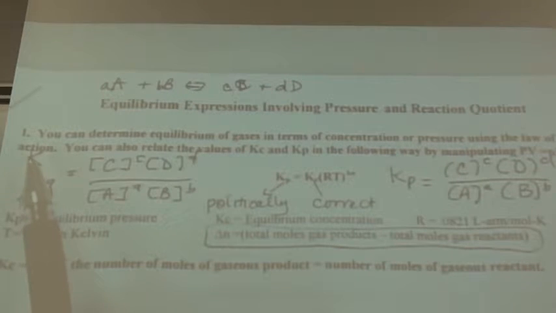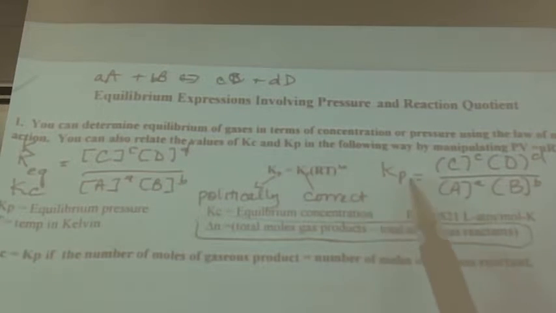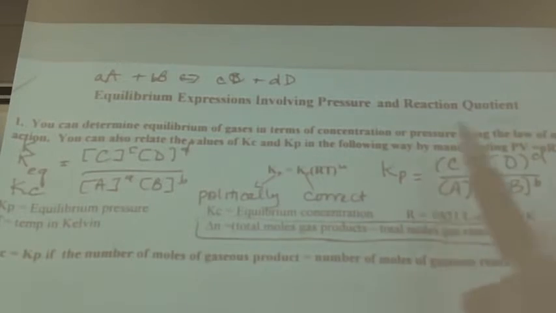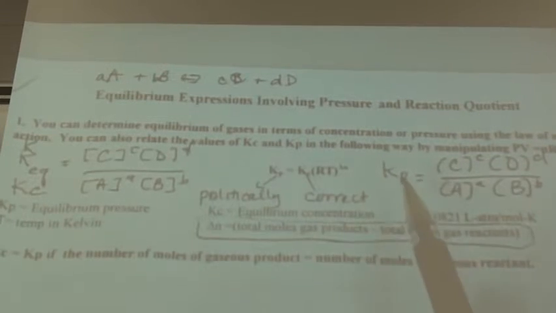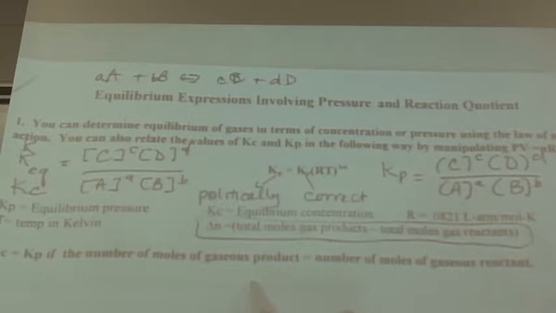Anytime you find K, you must use the equilibrium concentrations. Likewise, when I find Kp, I need the equilibrium pressures. Do you understand that? Anytime you use the law of mass action for Keq or Kp, these values must be the values once it reached equilibrium.